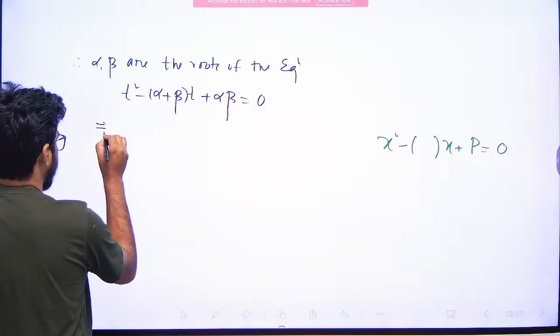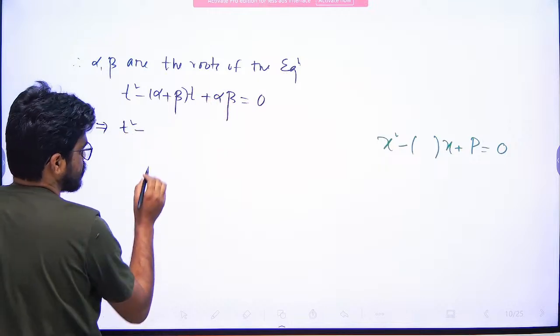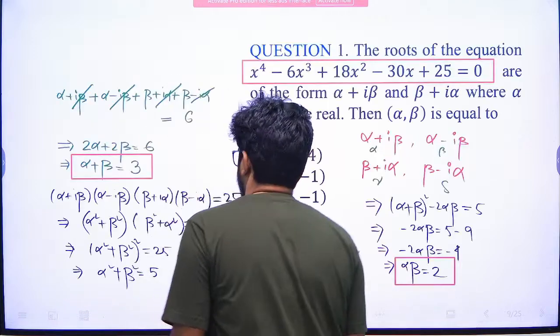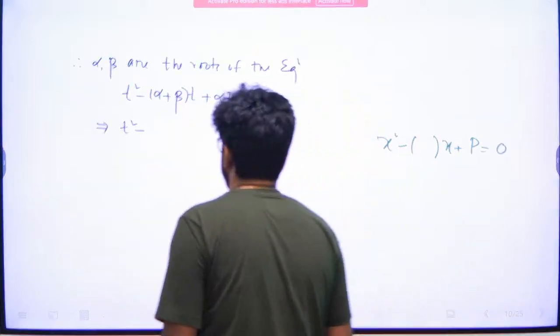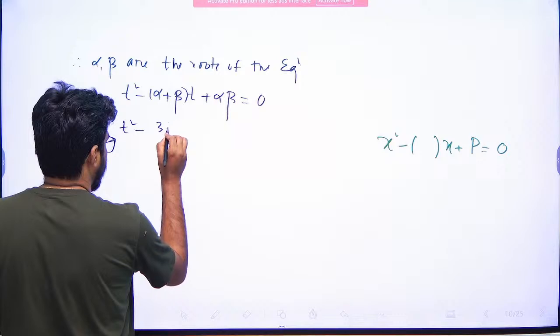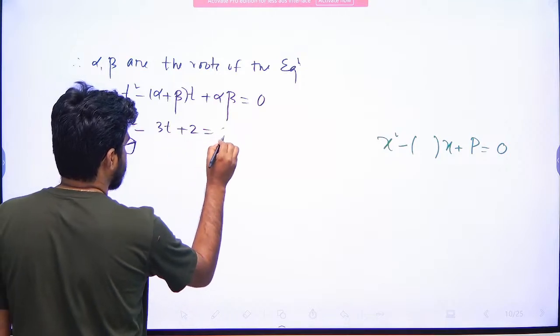Alpha plus beta is 3 and alpha beta is 2, so t square minus 3t plus 2 is equal to 0.